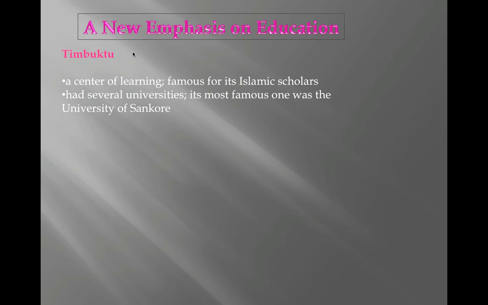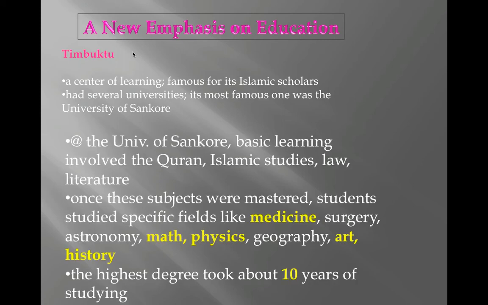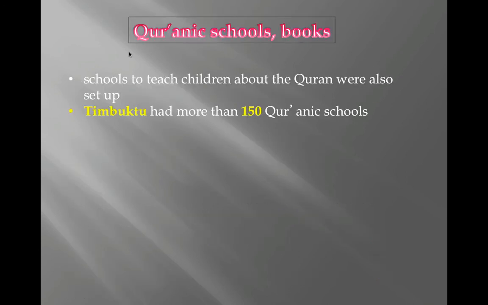So let's see, number 8, Timbuktu. You want to write for number 8, there was a lot of learning that went on in Timbuktu. And the next thing you need to write in is not on this slide. It just talks about a famous university. But we're going to skip over the famous university and go on to the next topic, which is Quranic schools.